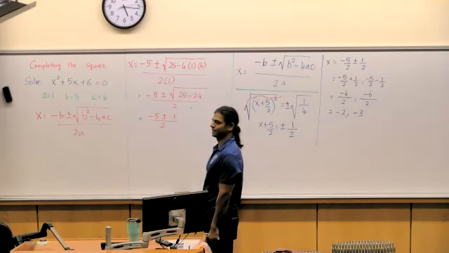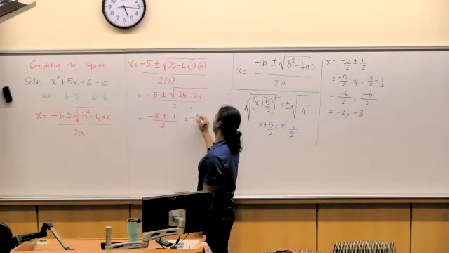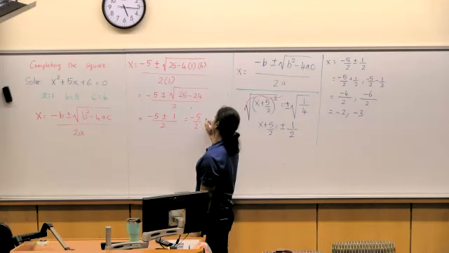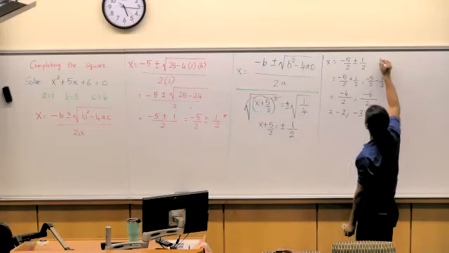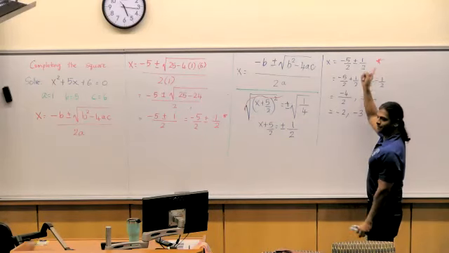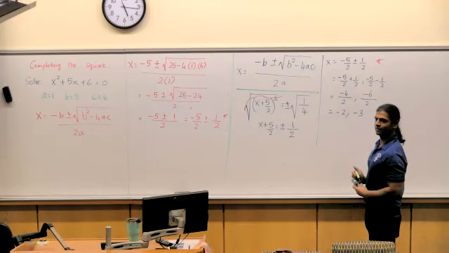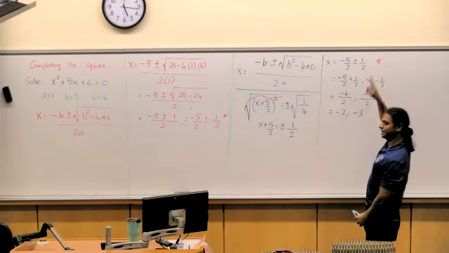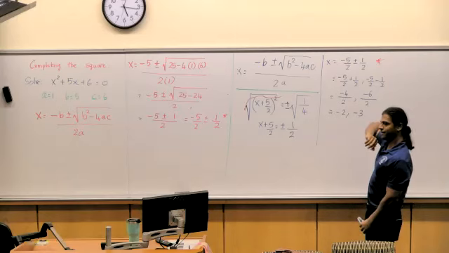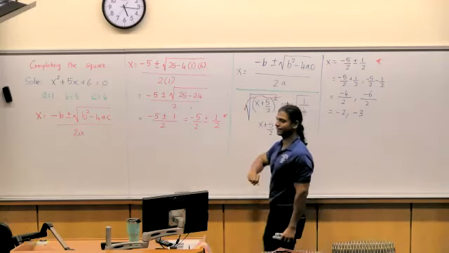Yes? If I split this up, that step right there is the step up there. Yes? You see, you did all that work to get to this step. But I could have just used the quadratic formula and it would be past it.